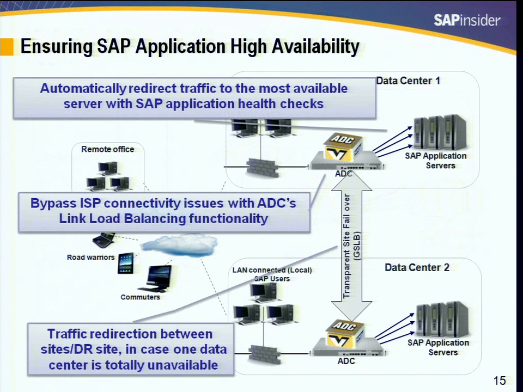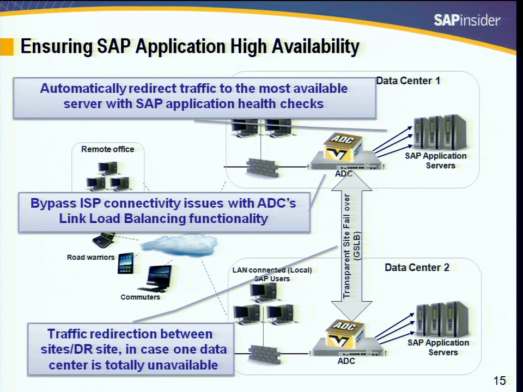And the third one that I didn't show here is global server load balancing, which is between the data centers. If a user is coming in, typically you would route that user request to the data center closest to that particular user. But if that data center is down for whatever reason, you might want to use either local load balancing, or the LLB functionality to provide global server load balancing, which is routing that user to the other data center based on ISP availability, right?